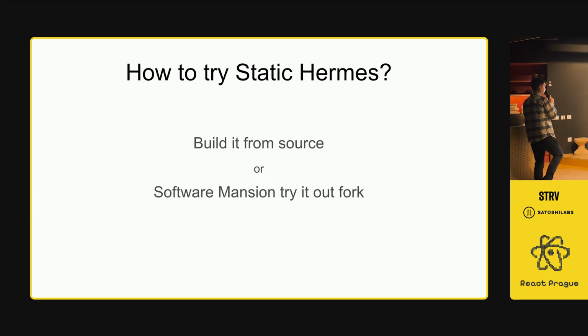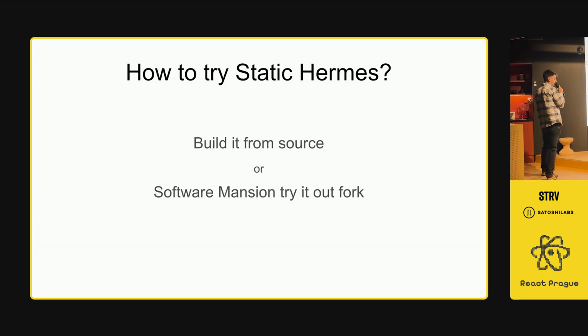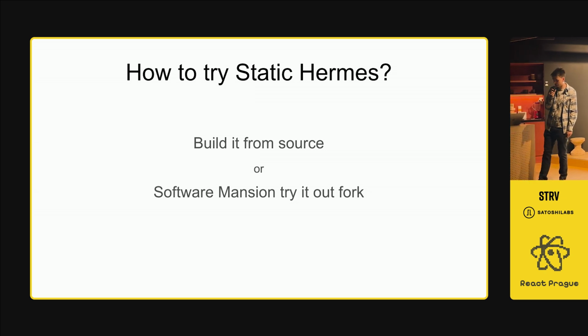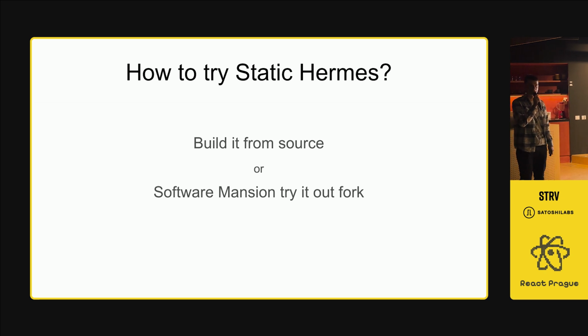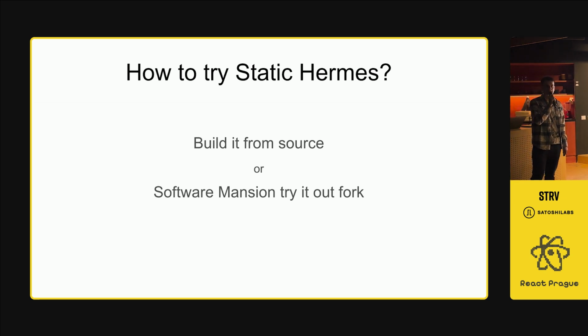How can you try it? You can actually try Static Hermes right now in your app. It's not even that hard. There is a fork from Software Mansion, and there are pre-built binaries of Static Hermes and a simple patch for React Native that will use these binaries instead of normal Hermes.